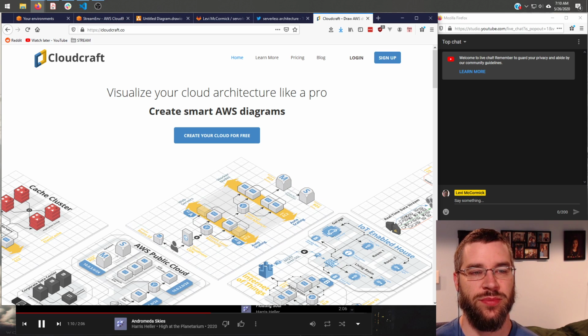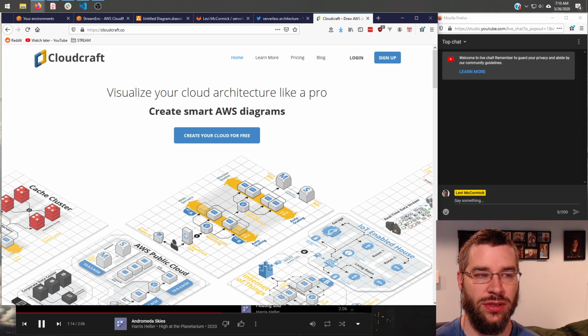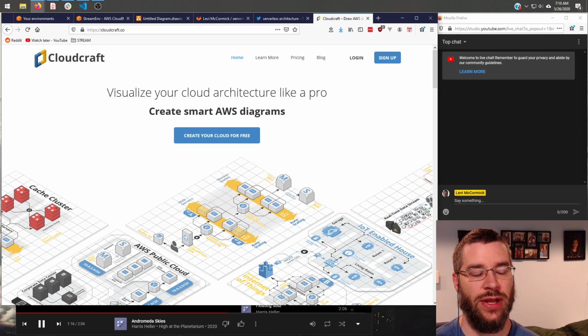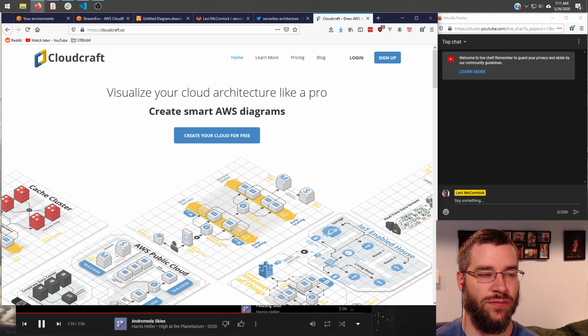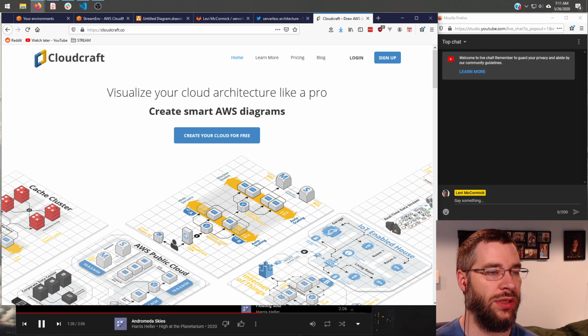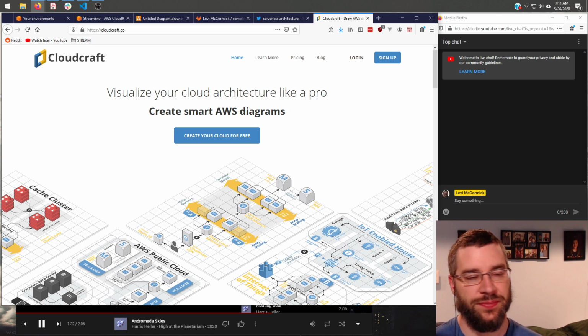I haven't found these to be super useful with serverless yet. This is far more valuable if you're doing a lot of more traditional VM-based or host-based architectures.